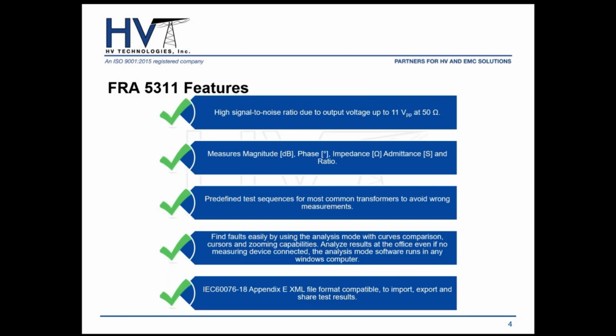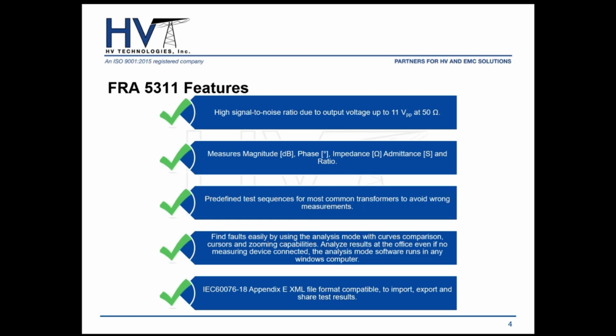Just to highlight a few of the features, the FRA 5311 has a really high signal to noise ratio. It uses an 11-volt peak-to-peak voltage at 50 ohm impedance. This high signal to noise ratio allows you to be confident that the measurements you're picking up are definitely from your transformer and not from any noise sources that could be influencing them.